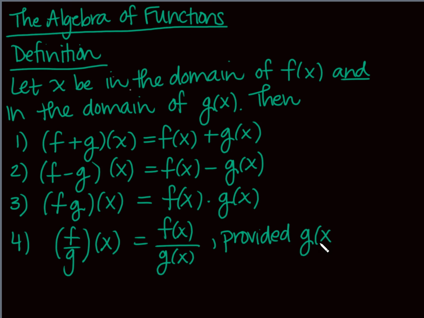We have to make sure that we are not grabbing x's that would make g 0. Just because x makes my function g 0 doesn't mean it's not in the domain of g, right? That's a valid number in the domain of my function g. But if there are any x's that make g 0, we have to throw those out because, of course, we're dividing and we know we can't divide by 0.